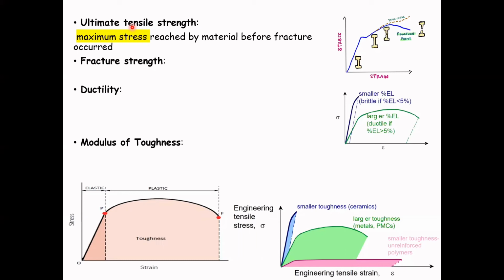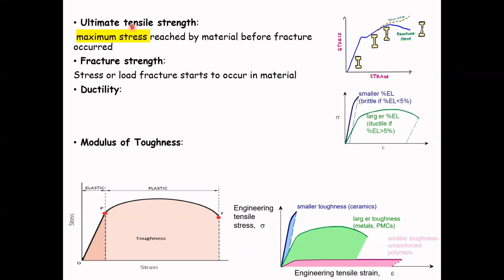And then we have fracture strength, that can be defined as the stress or load at which fracture starts to occur in a material. So the fracture point is the point of strain where the material physically separates. At this point, the strain reaches its maximum value and the material actually fractures, even though the corresponding stress may be less than the ultimate strength.